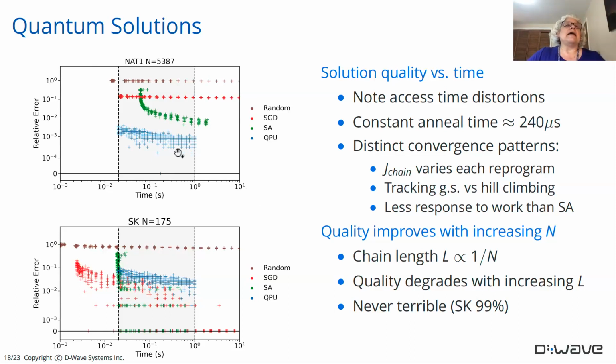So we shouldn't necessarily be assuming that quantum should converge like classical or respond like classical. The reason it differs here is because of those chains.